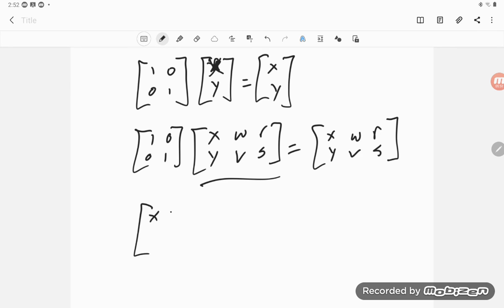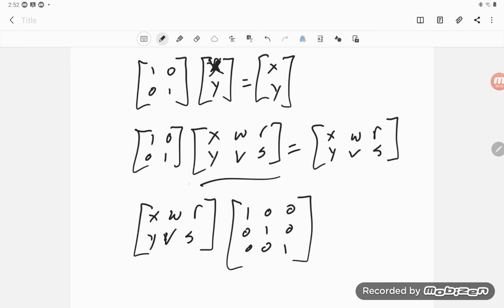If I have X, W, R, Y, V, S times the 1, 0, 0, 0, 1, 0, 0, 0, 1, then you see when I take XWR dotted with 1, 0, 0, I just get X. XWR dotted with 0, 1, 0, I just get W. And XWR dotted with 0, 0, 1, I just get R. And then the same thing on the bottom, I end up getting YVS. So you see, I just got that same matrix back. So that is an identity matrix.